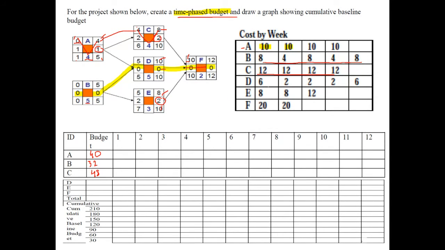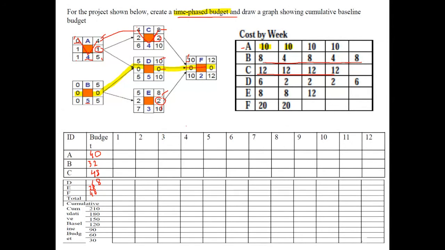Activity D is 18, activity E is 28, and activity F is 40. So, can someone with a calculator handy work out the total budget for this job? Basically a summation of all of these.